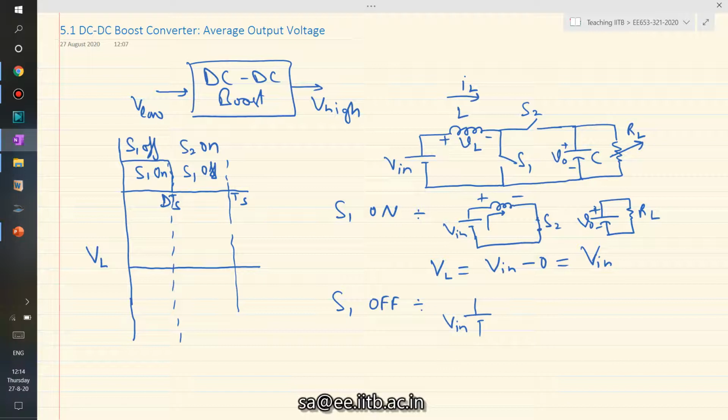You have Vin, an inductor, and an output voltage Vo, and there is a resistance here. What is the expression for VL? In this case, VL is Vin minus Vo.